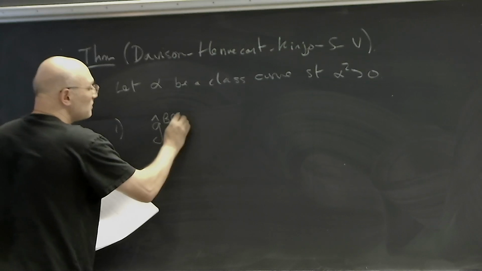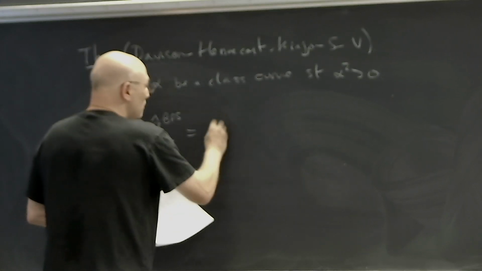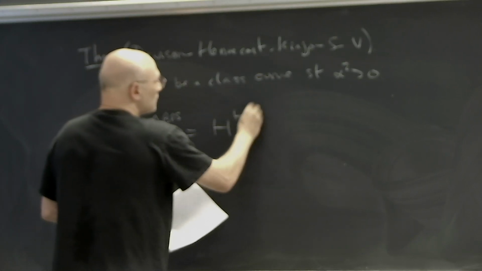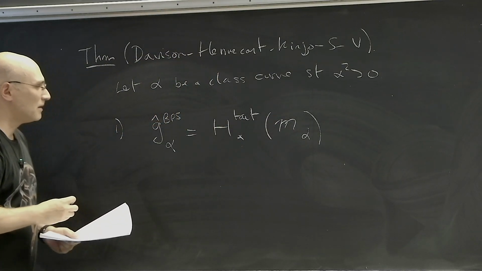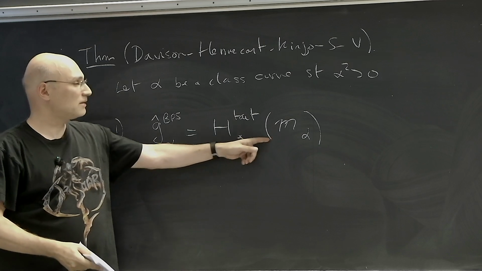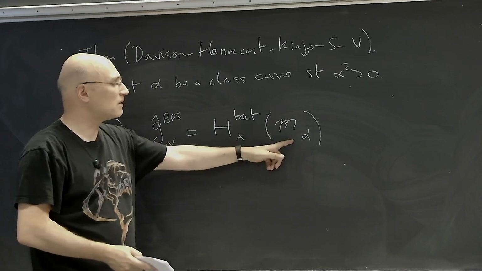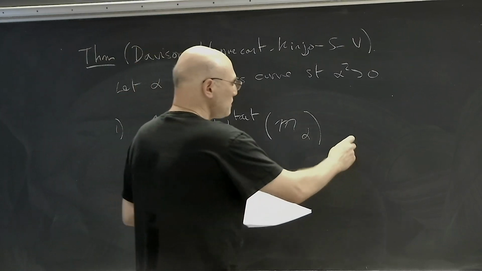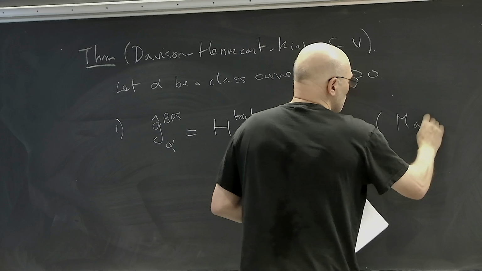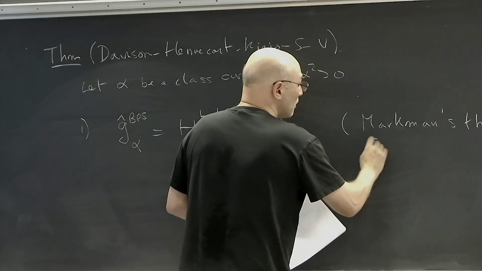So first of all, this affinized BPS Lie algebra of class alpha turns out to be just the tautological part of M alpha. So it's just the tautological classes. When you act on the virtual reduced fundamental class, you get exactly this BPS Lie algebra. So this is kind of a generalization of Markman's theorem for the non-coprime case.